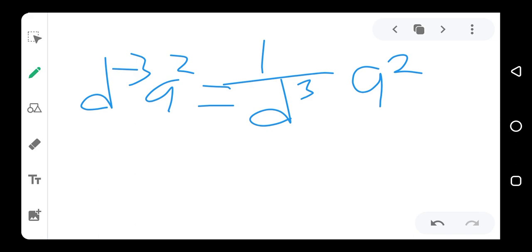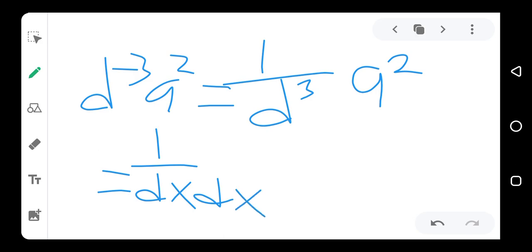Now this is equal to, we find the expanded form of 1 over d raised to power 3 and the expanded form of a raised to power 2, which is now equal to 1 over d times d times d.